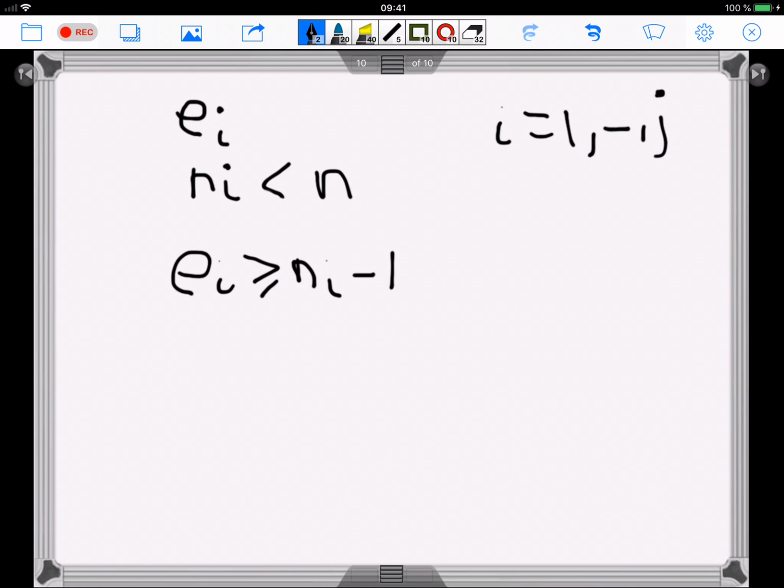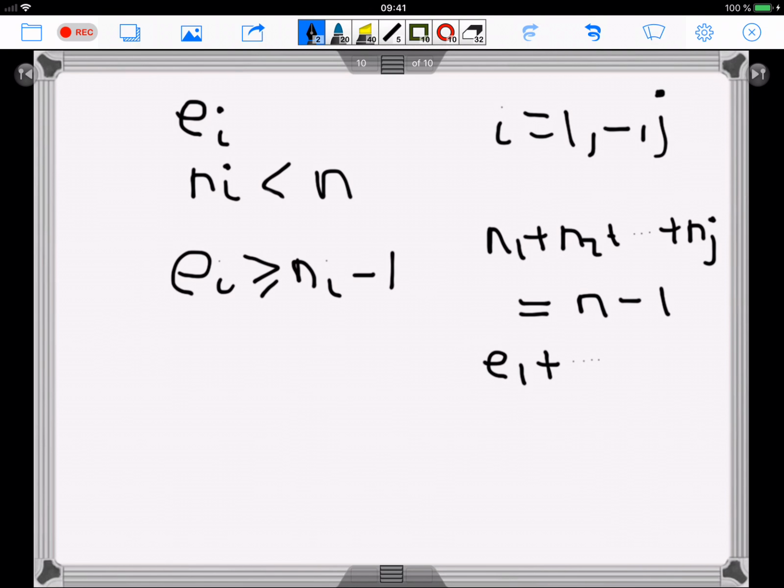Okay, and now we also know that n1 plus n2 plus nj is equal to n minus 1, because we have removed exactly one vertex. And we also know that e1 plus ej is equal to e minus k, because we have removed k edges, the k edges that were connected to the vertex that I have removed.